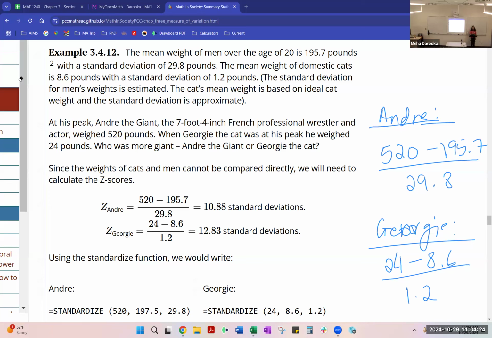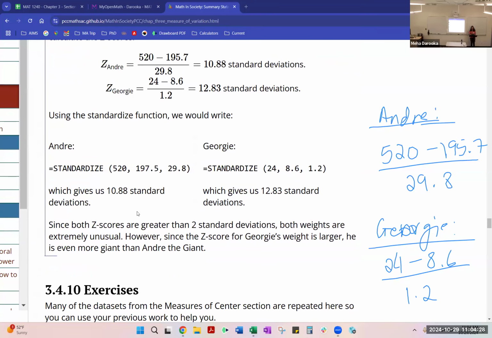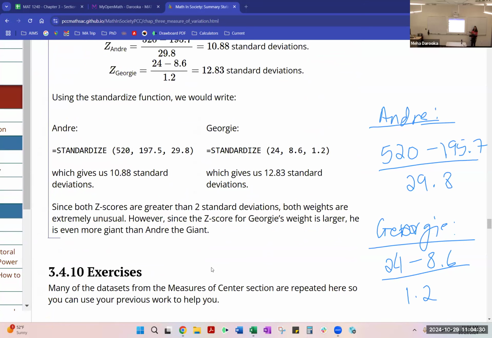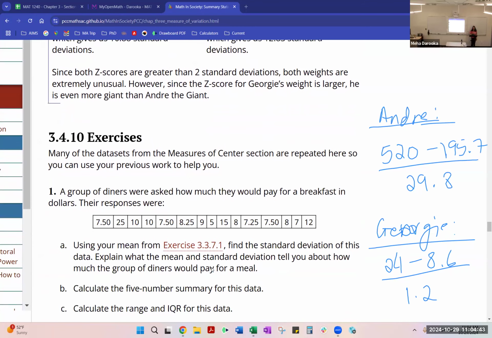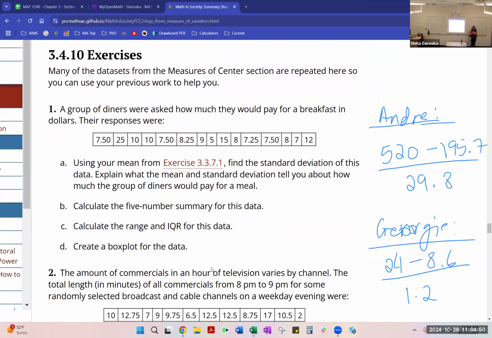And again, they're showing you how to do the calculation using a spreadsheet. Since both z-scores are greater than 2 standard deviations, we know they are extremely unusual, but Georgie's weight is much larger than Andre the Giant's, which is just astounding to me.